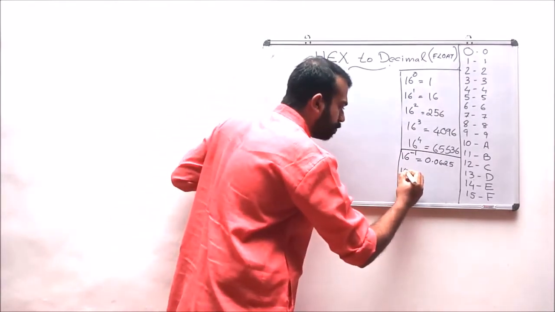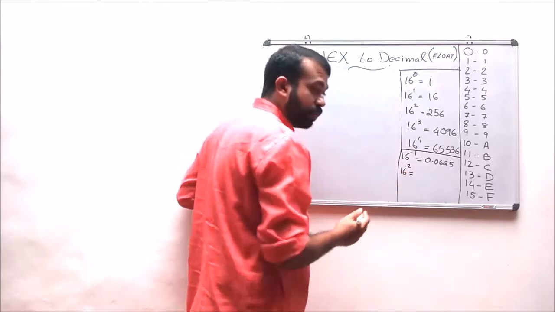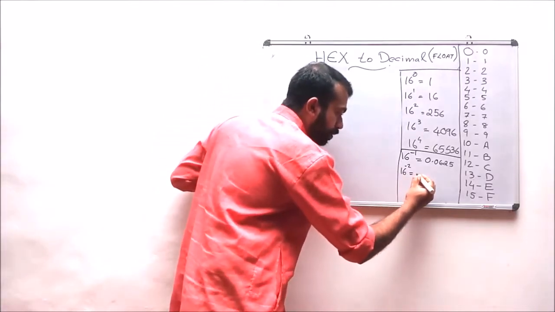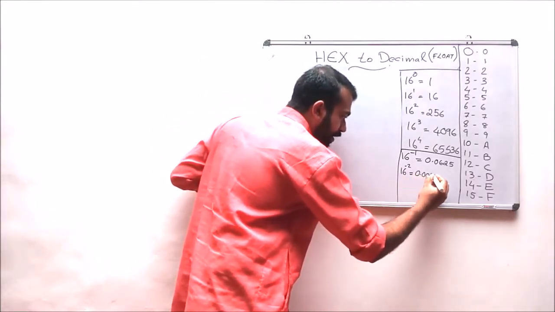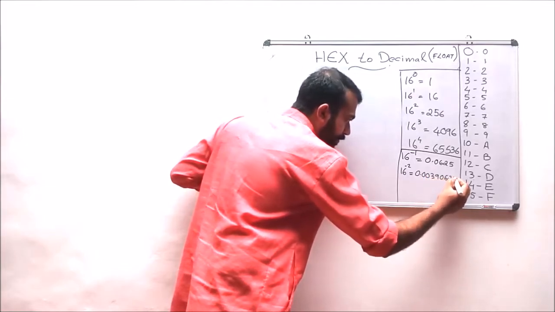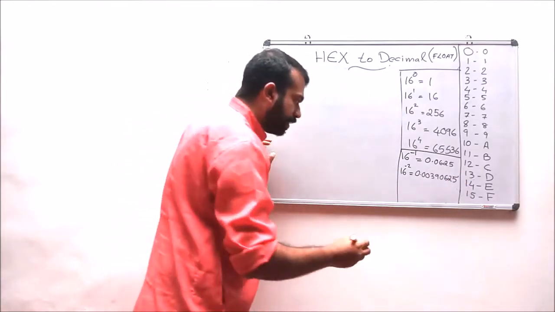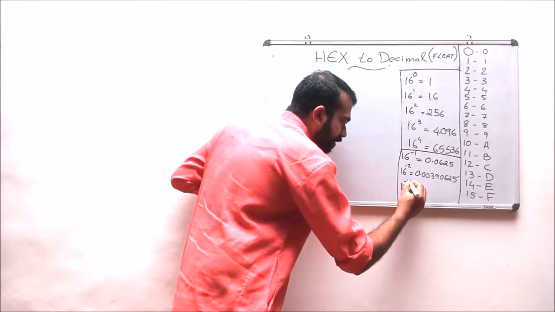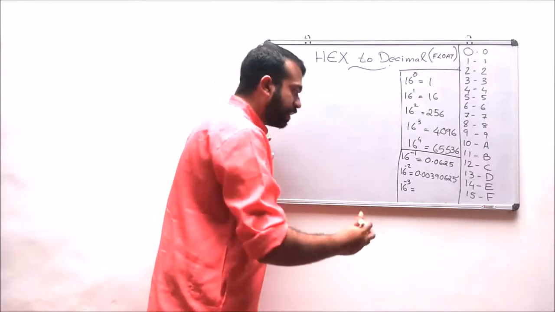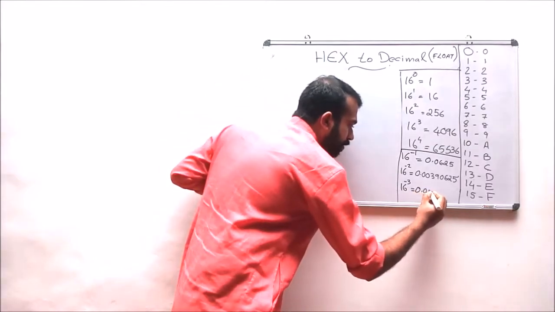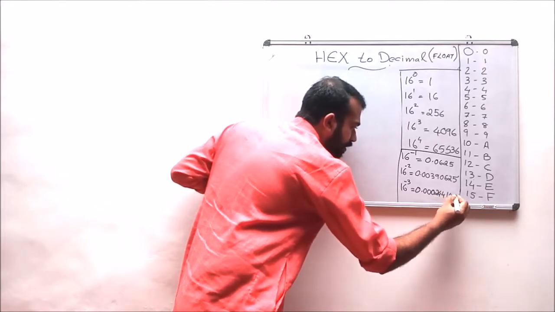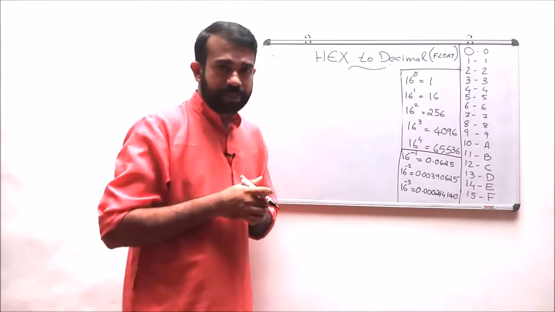And 16 raised to minus 2 is equivalent to 1 divided by 16 squared, which is equivalent to 0.00390625. And one more thing, 16 raised to minus 3 is equal to 1 divided by 16 cubed, which is equivalent to 0.000244140.